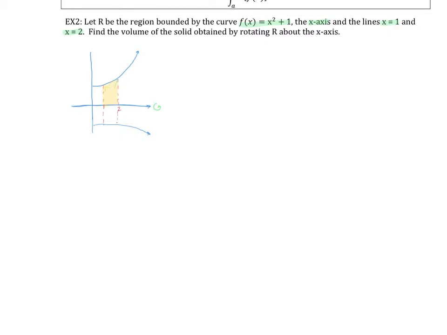So what I've done was create this volume by rotating my curve about the x-axis, where each of these cross sections in my volume is a disk, right? So it'd be here.